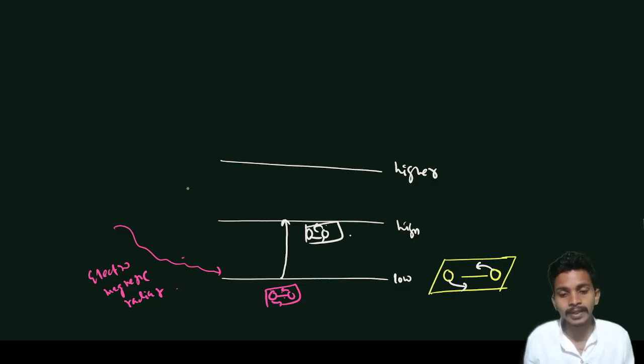So what it says is that it absorbs that frequency only if it matches. Let's say it has a 10 frequency, and the energy levels are at 20 and 30.